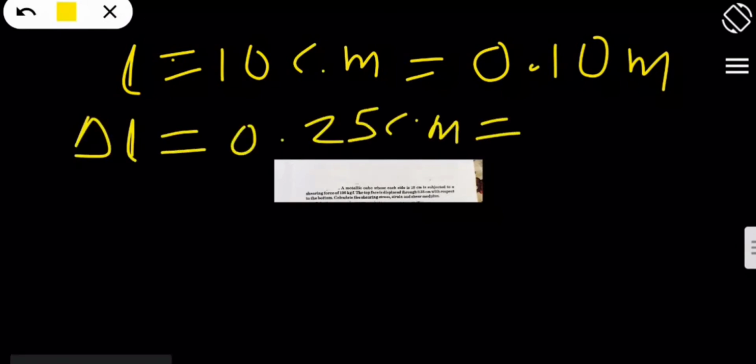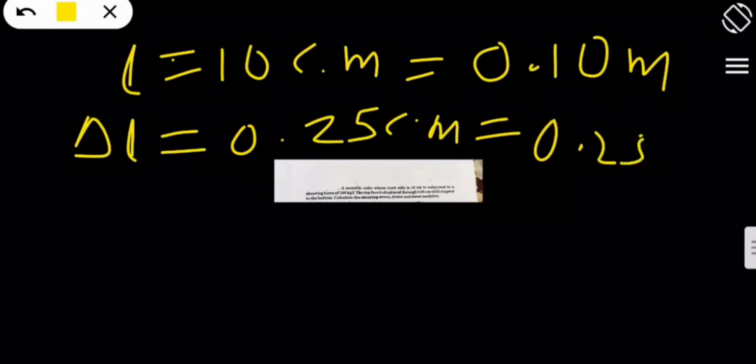So how much meter it will become? 10 upon 100, 0.10 meter. Force already I have written 100 into 9.8 Newton. Delta L equal to 0.25 centimeter. This one you can write as divided by 100. So this will be 0.25 into 10 to the power minus 2 meter.